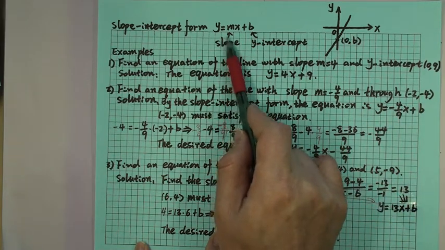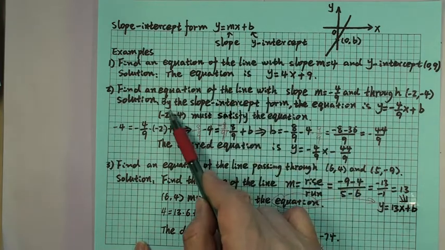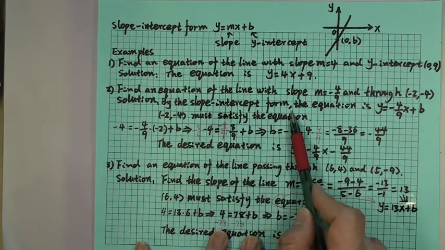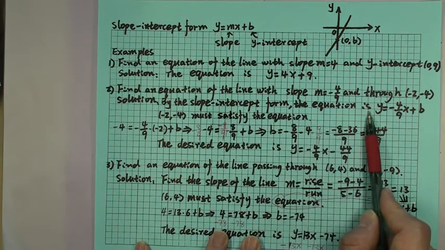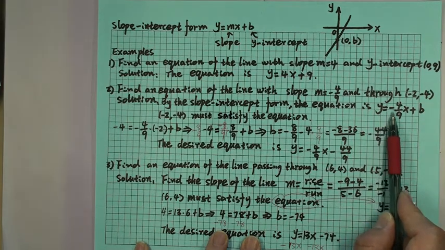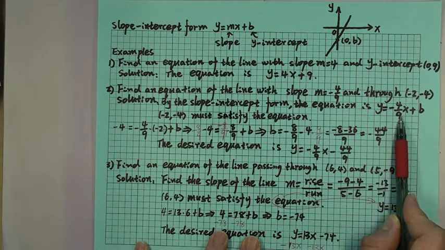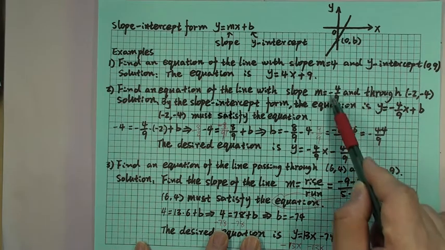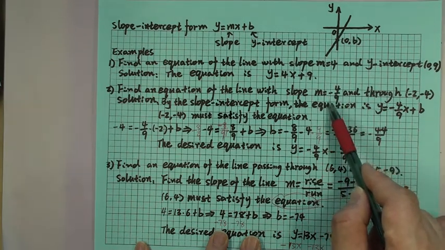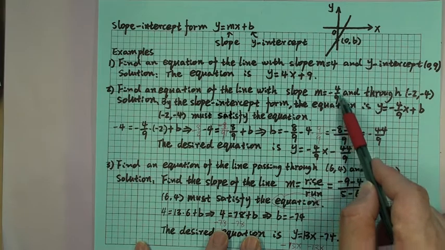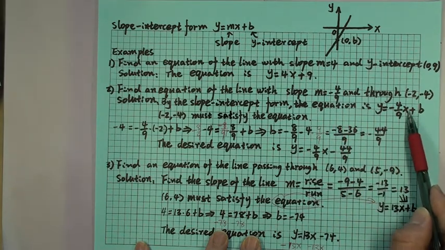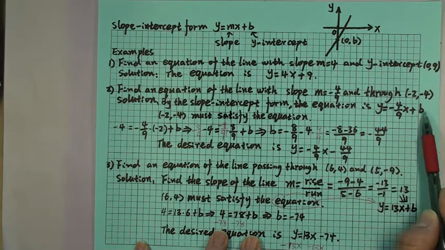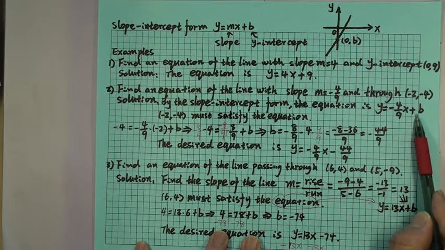By this slope-intercept form, the equation is y equals -4/9 x plus b. Because we have the slope we are given, so we can put it here. The only thing is that we cannot plug in -4 for b.